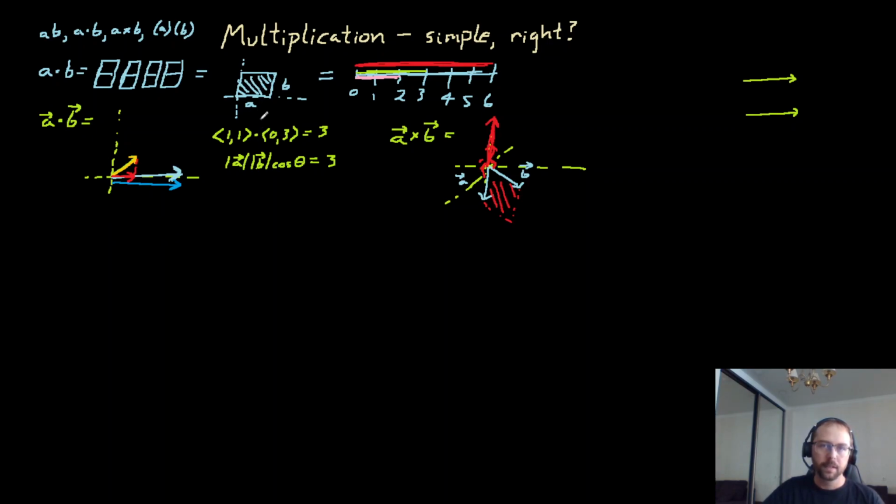So let's start with this concept of area. A times B is telling us the area of this shape that's formed. Well, if we take this shape and make it a little less predictable, easy to work with, say it has some shape like this, we still want to think of multiplication as the area under the curve.